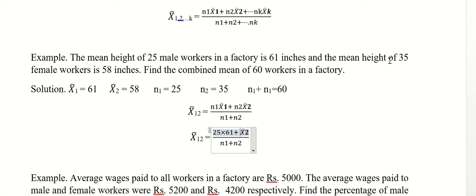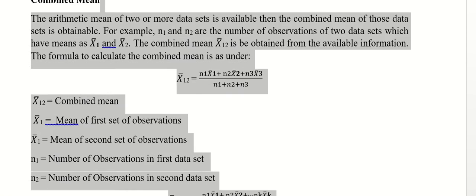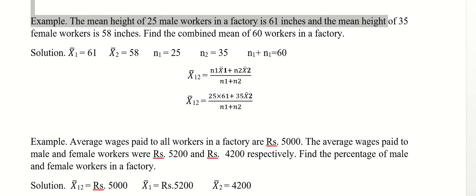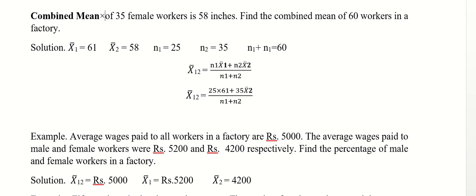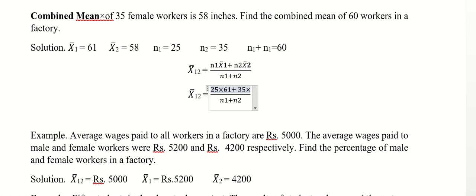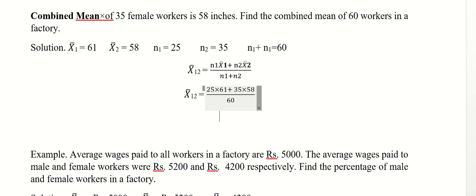Similarly, n2 is 35 and mean 2 we have is 58, and n1 plus n2 is already given to us, that is 60. So I will just write 60 here. Now we can solve it.